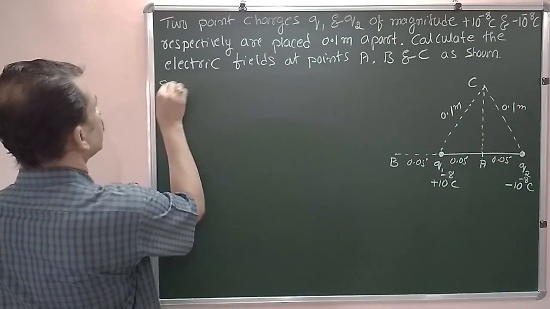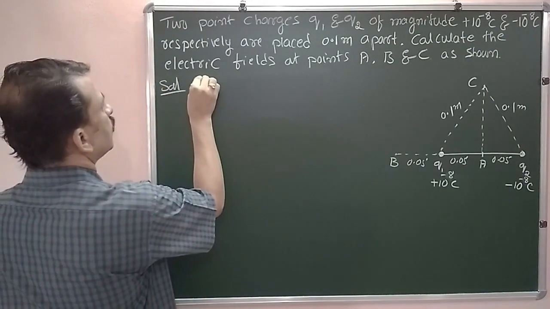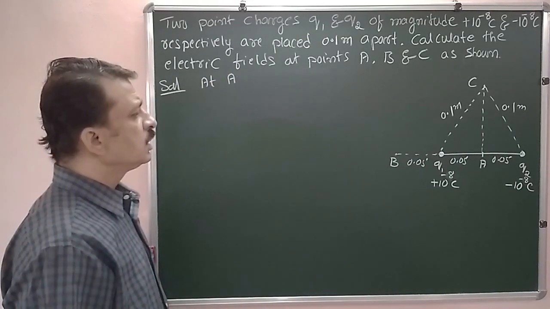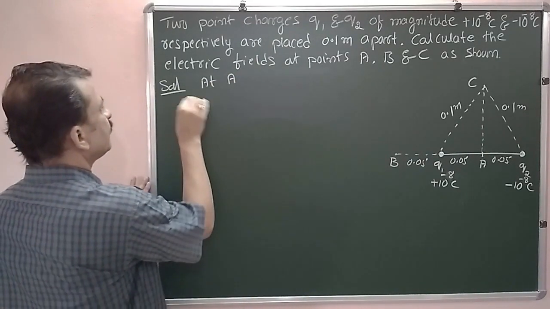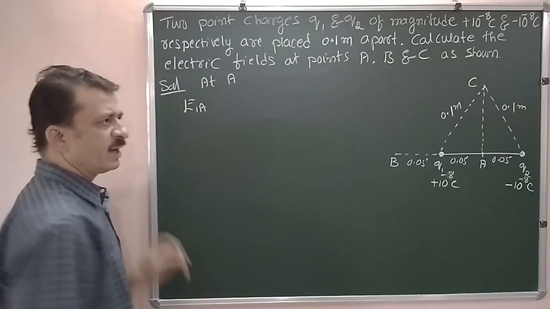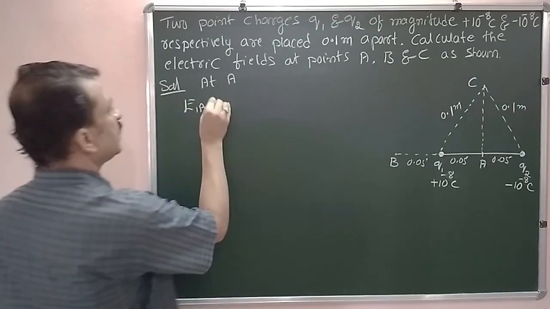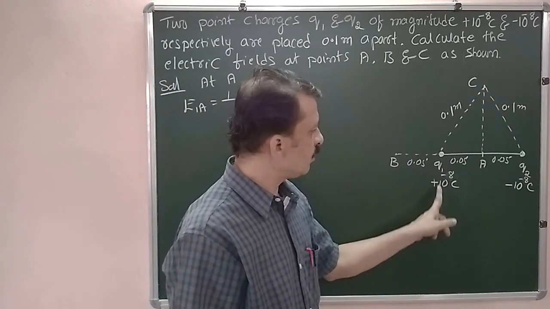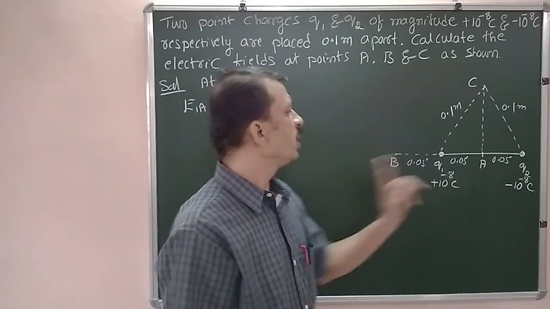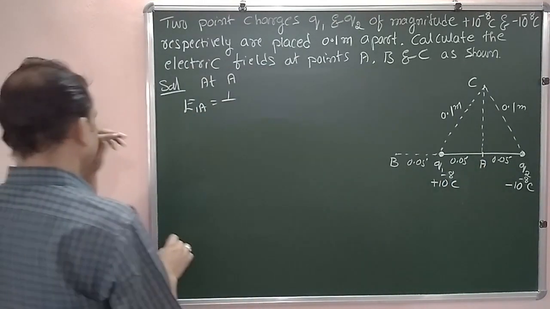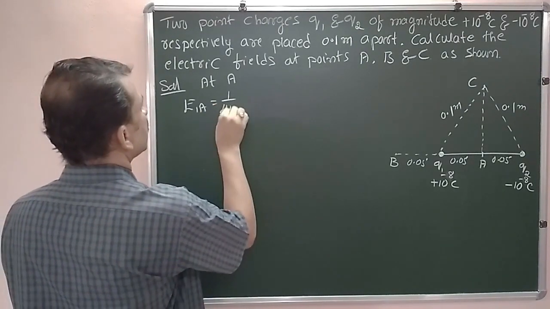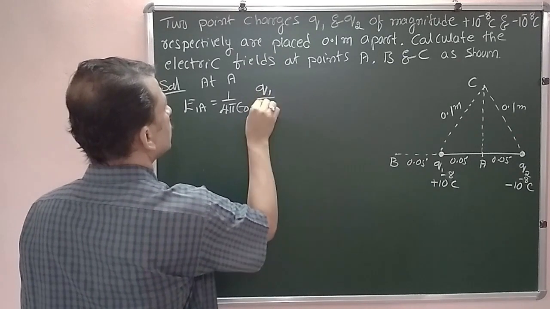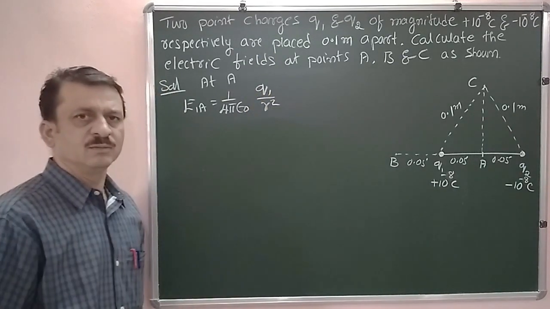Now solution. At A, let me take the electric field E1A, given by the formula. The electric field at A due to the positive charge Q1, E1A, is equal to 1 divided by 4 pi epsilon naught into Q1 by R square, the general formula.